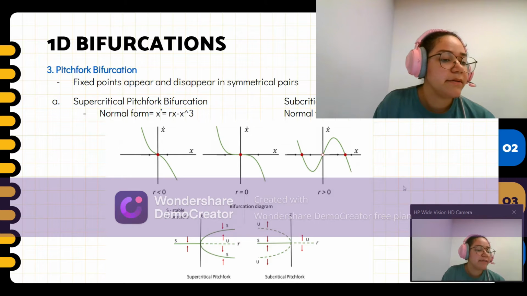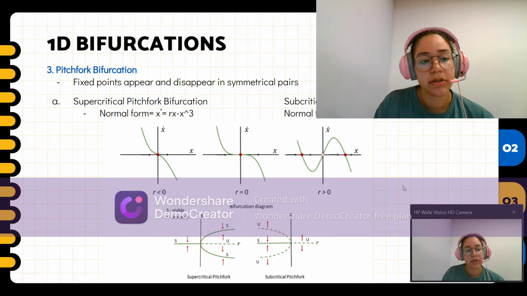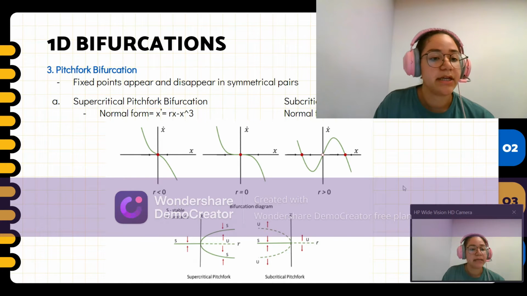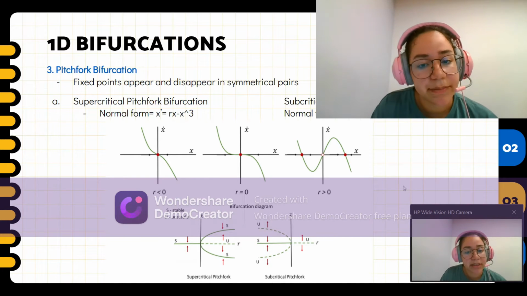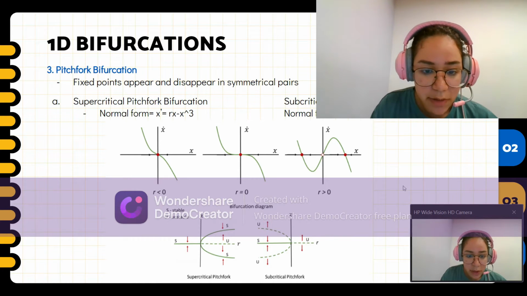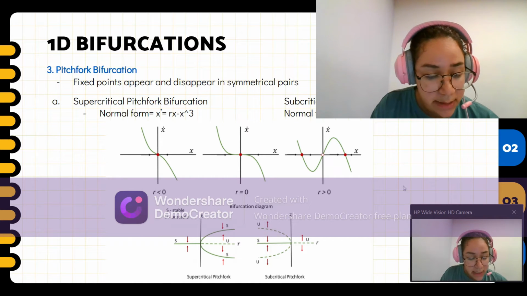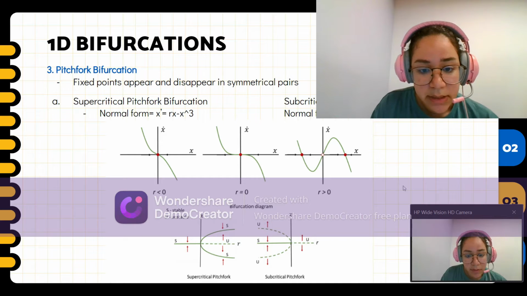Then we have the other example, which is pitchfork bifurcation. There's two types, supercritical and subcritical. They're defined as when the fixed points appear and disappear in symmetrical pairs. In the graphs you can see that as r is less than 0, at x equal to 0, it's stable, and then r equal to 0 is still stable.